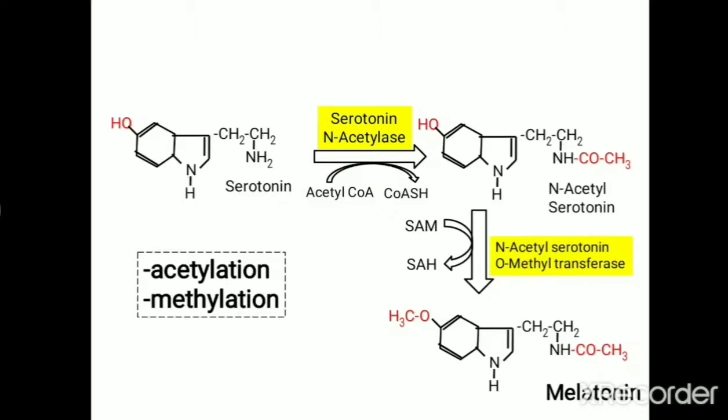So the methyl group donor is S-adenosyl methionine, that is the biologically active form of methionine, the methyl group donor in transmethylation reaction. So by acetylation reaction followed by methylation, this serotonin is converted into melatonin.